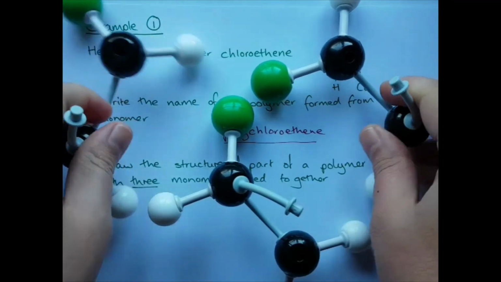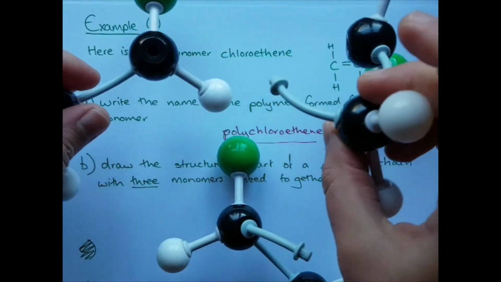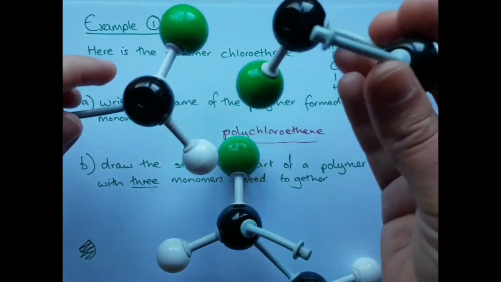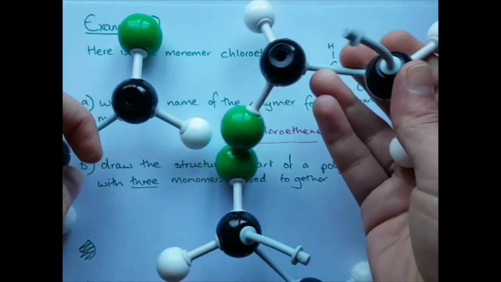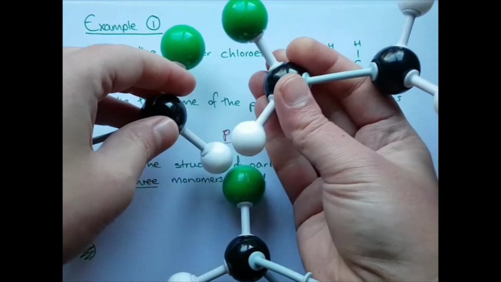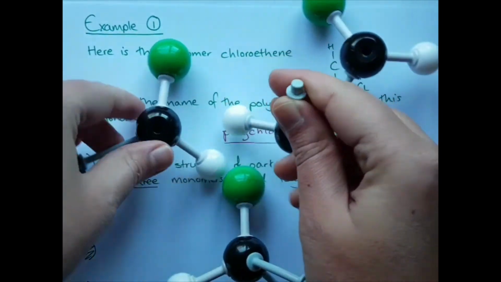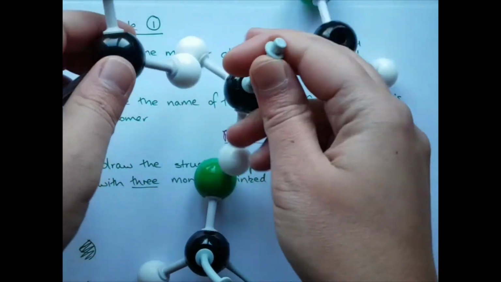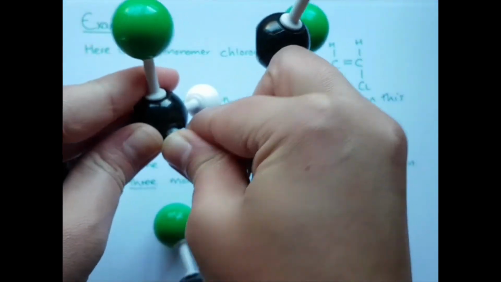Now, technically speaking, we could link them up in different ways. We could link them up head to tail, or we could connect this one up to here, which would mean the chlorines were facing each other. But for simplicity, we're just going to connect them up so that the chlorine atoms are always facing away from the other chlorine atom in the neighbouring molecule. I hope that makes sense.